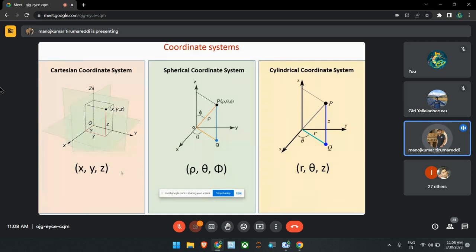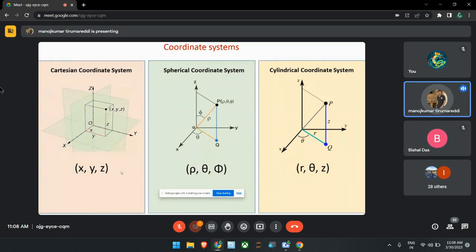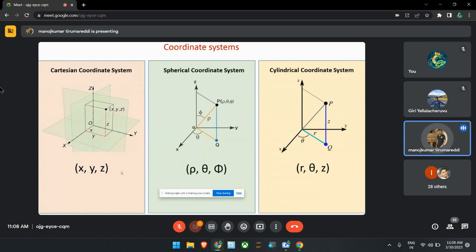Similarly, in spherical coordinates, we express the point with some radius, rho, which makes some angle phi with the z axis, and theta is the angle of the horizontal projection.